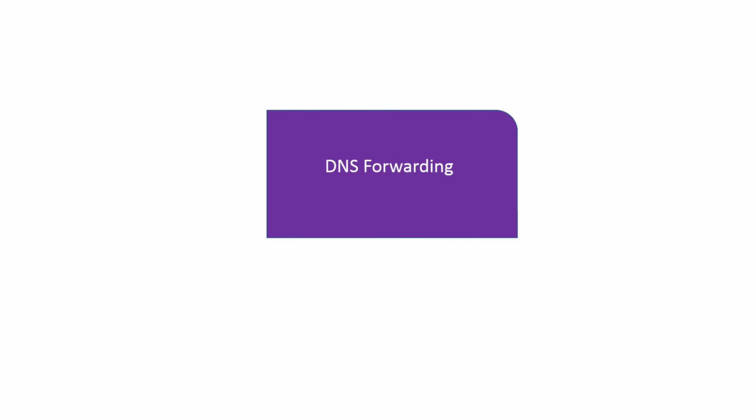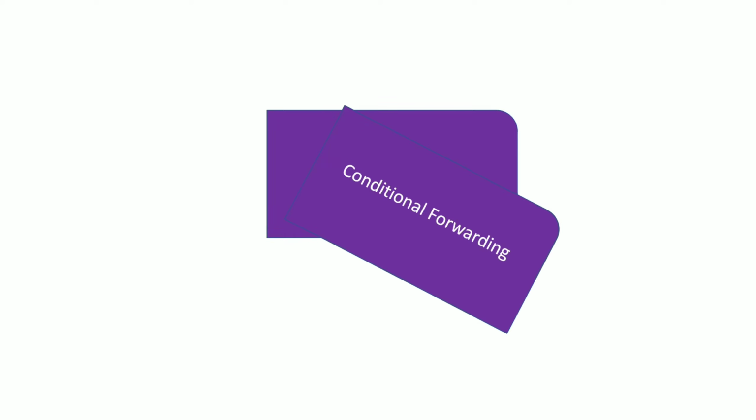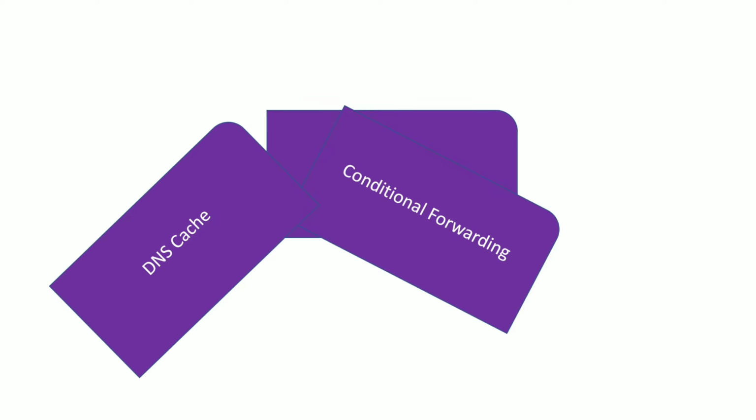There's another type of DNS forwarding, that is conditional forwarding, which forwards queries for specific domain names instead of forwarding all queries. In DNS forwarding, I used the word cache. Now, DNS cache temporarily stores the information about previous DNS lookups on a machine or web browser. You can check through a command.